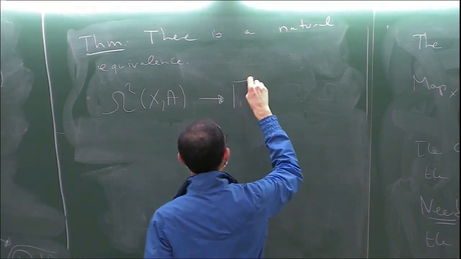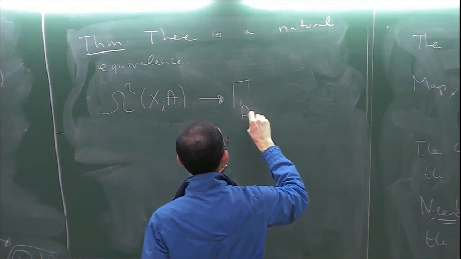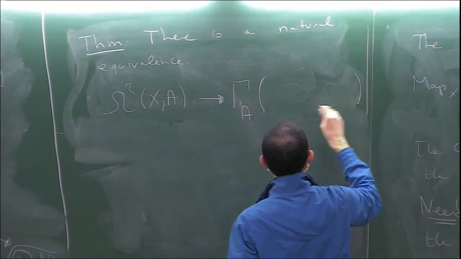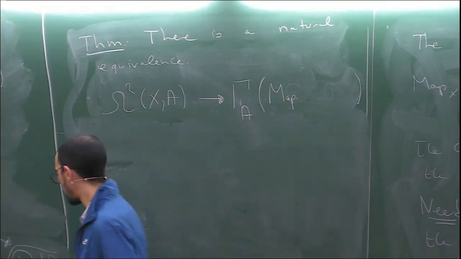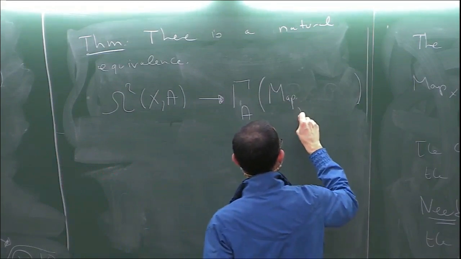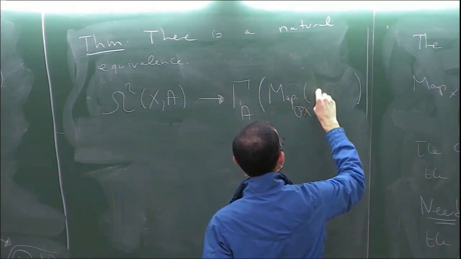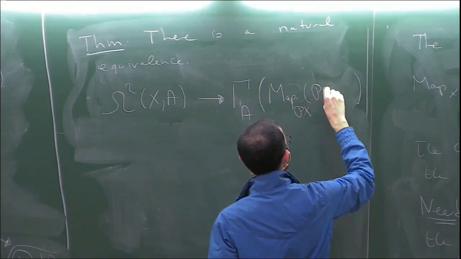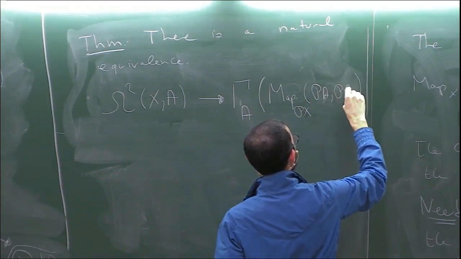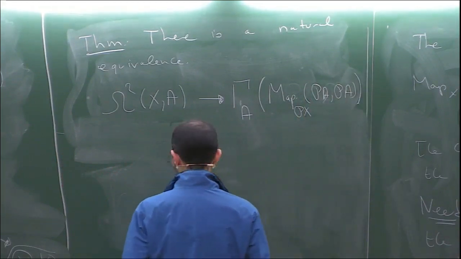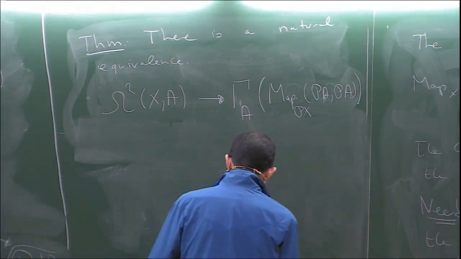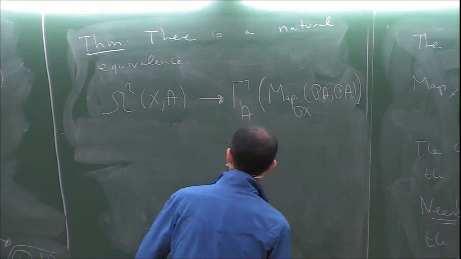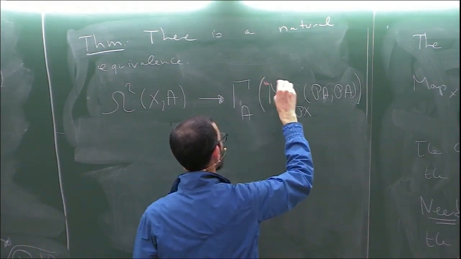Sorry for the notation. First I want to write gamma A, and here I want to write maps over PX of PA. And finally, I want to put some quotation marks, in red, here.